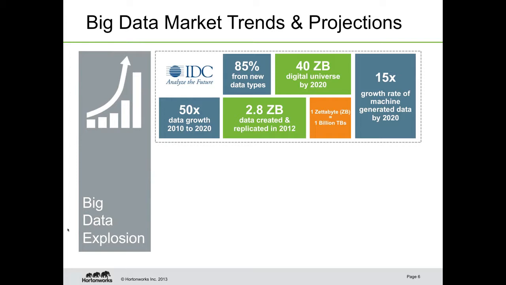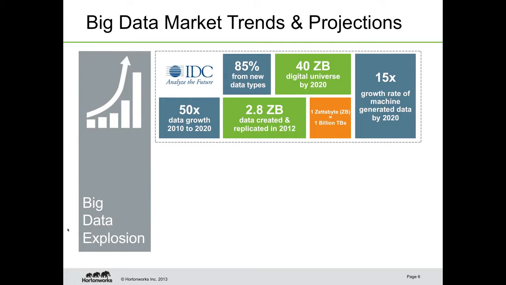So, for example, 50x data growth between 2010 and 2020. So we're well starting down that path already, and your organization may be experiencing some of this. That's 2.8 zettabytes of data created and replicated in 2012. So tremendous amounts of data that is growing.